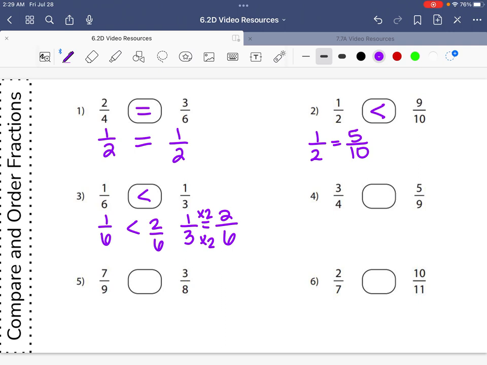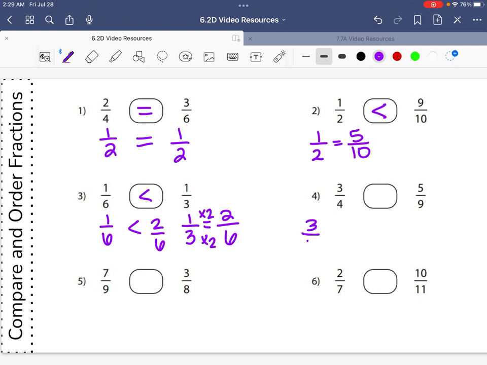So I take a look at 4 and 9, and their least common multiple is 36. So I'm going to rewrite both 3/4 and 5/9 as equivalent fractions, but with a common denominator of 36.